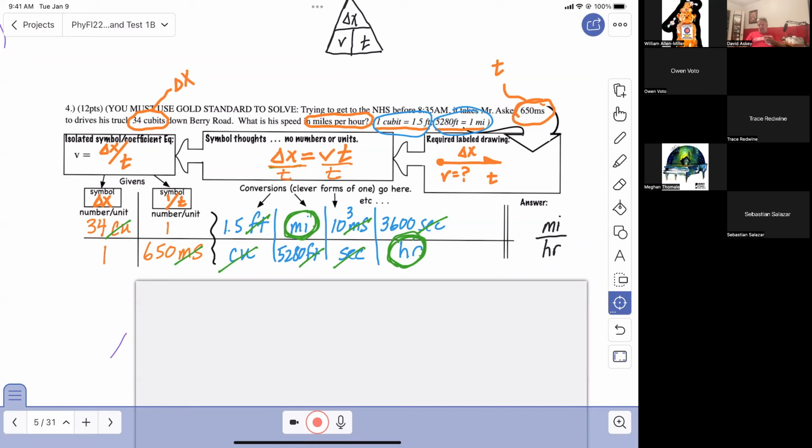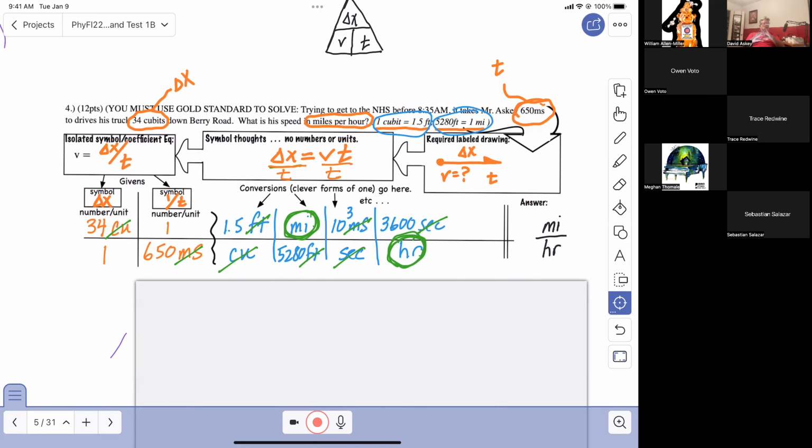So here's something else. If I give you conversions, you need to use them. Now in AP physics, sometimes they give you conversions you don't need, or they don't give you any conversions at all, but then you get a sheet that has a lot of conversions on it.